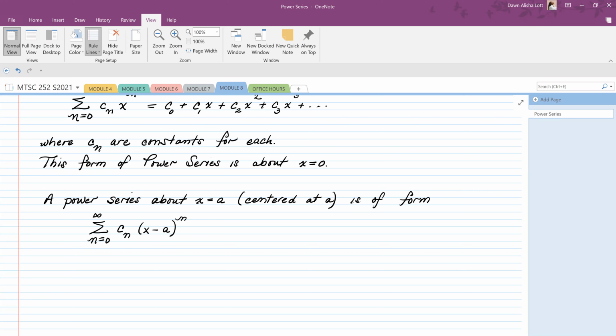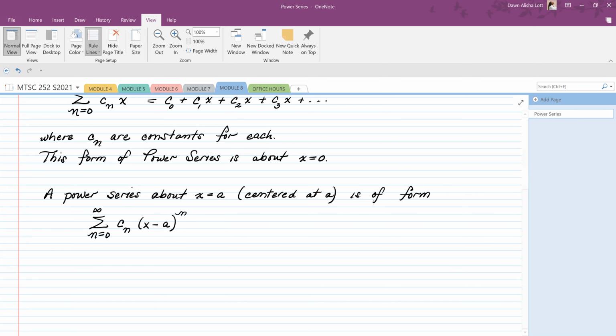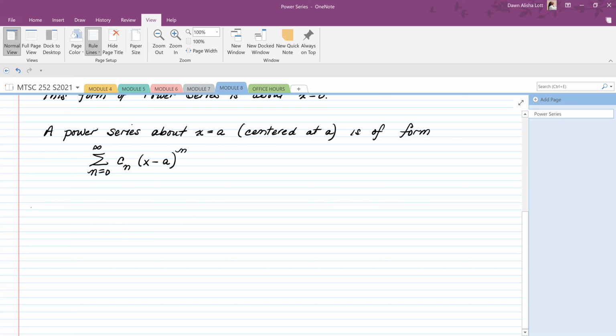All right, so some examples. Summation n equals 0 to infinity of x to the n over n factorial.